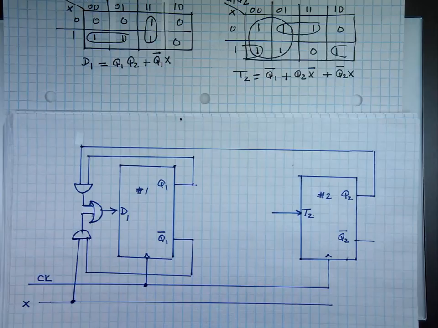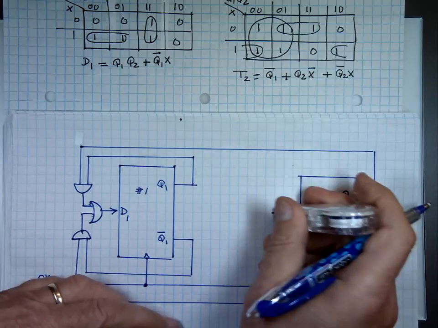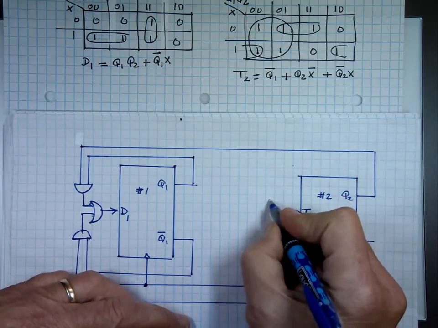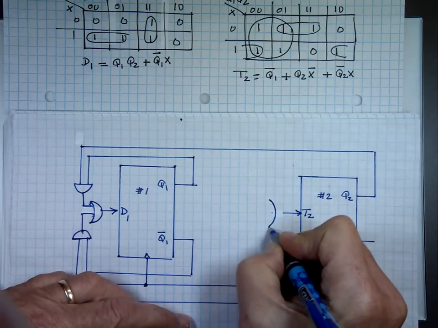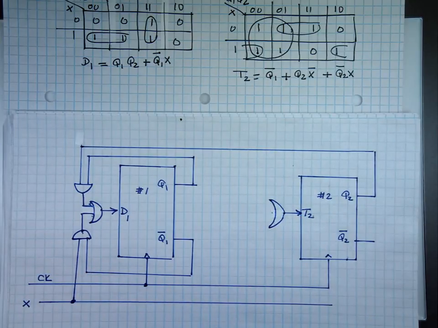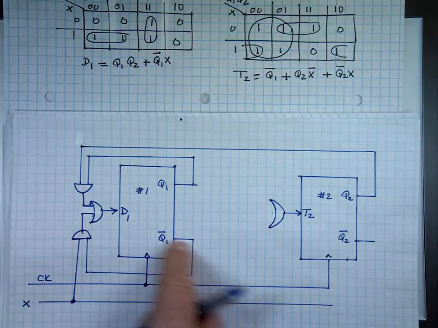Now the second one is going to have an OR gate with three things going to it. One of them is what? Q1 naught. That's the input from here, directly, see it?